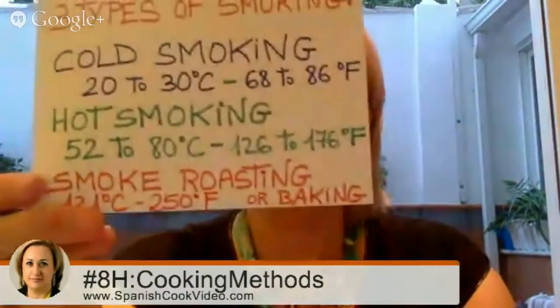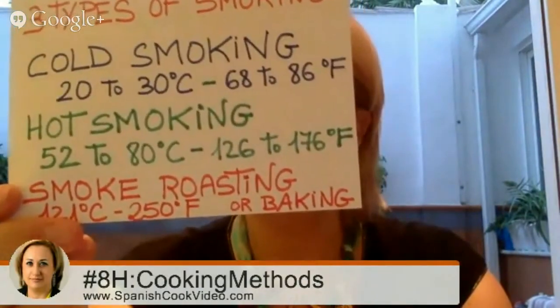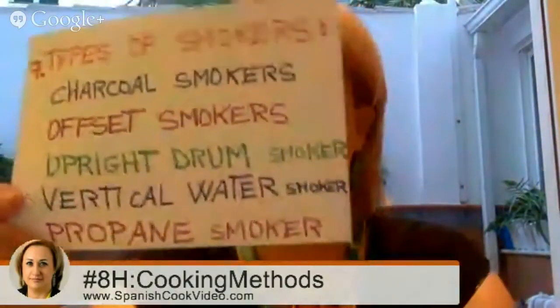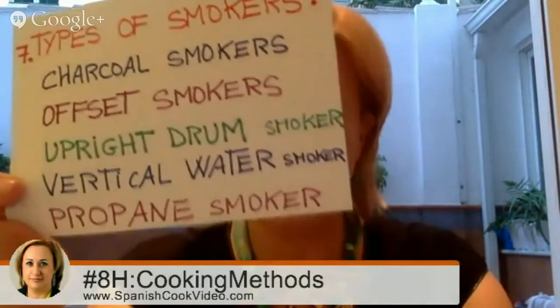There are also 3 types of smoking techniques: cold smoking, hot smoking, and smoke roasting or baking. And there are also about 3 types of smokers that we'll see in detail inside the member area. This last part, going deep into smoking, we will cover in a specific hangout, because it will require more explanation.